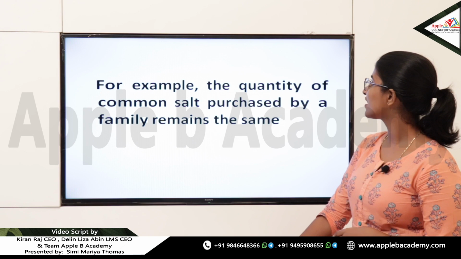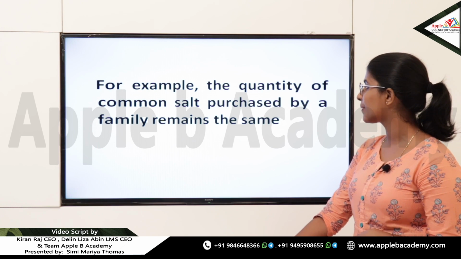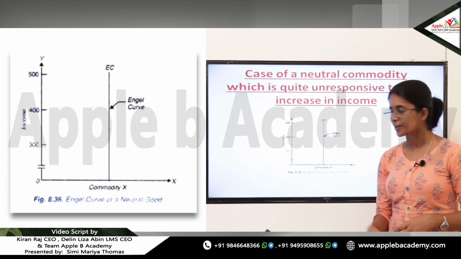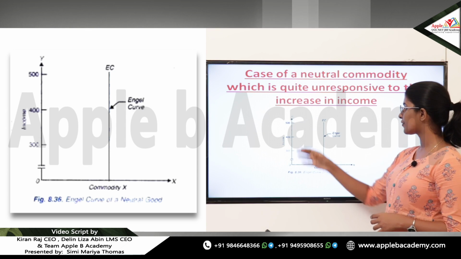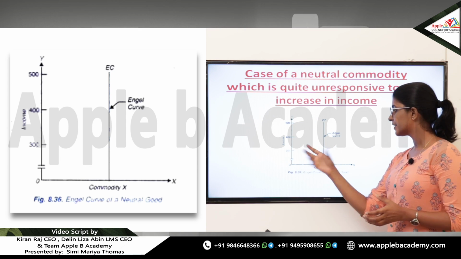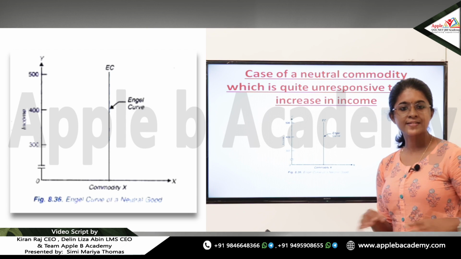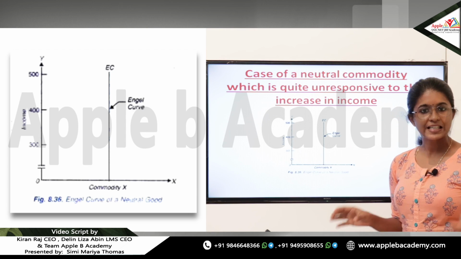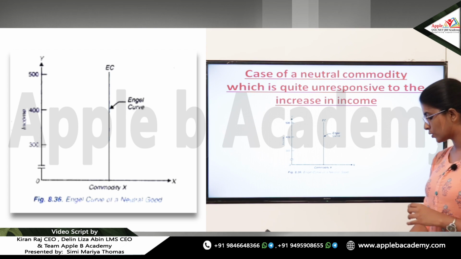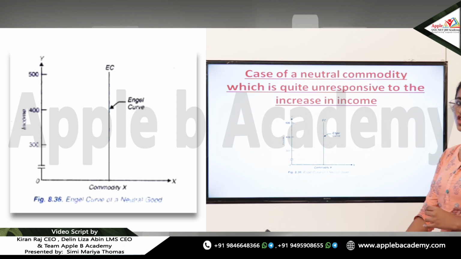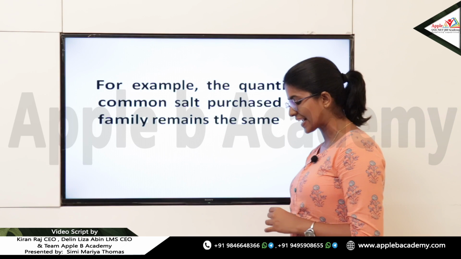For example, the quantity of common salt purchased by a family remains the same. Take the example of salt. Whether the income of the person goes from 300 to 400 or 400 to 500, the consumption of salt will be the same for the family or an individual. Such goods are neutral commodities, and the shape of the Engel curve will be vertical to the x-axis.